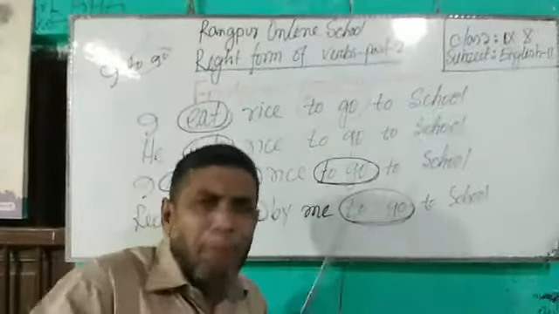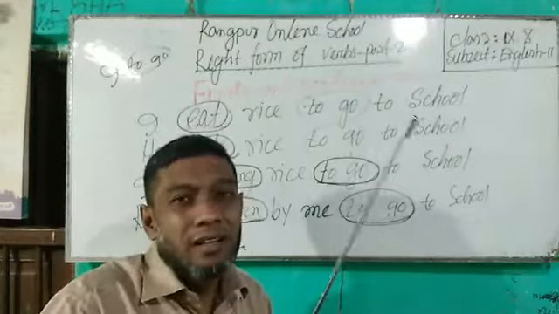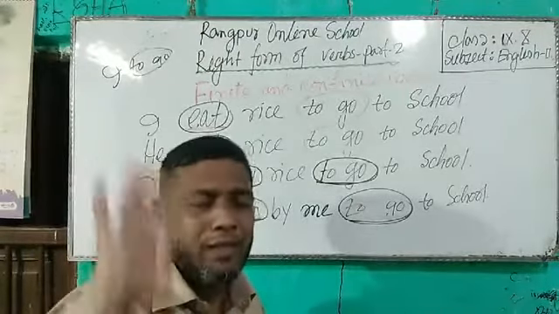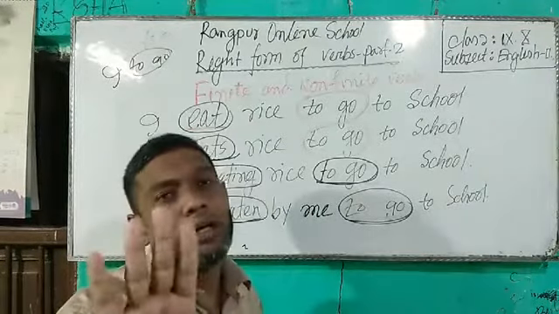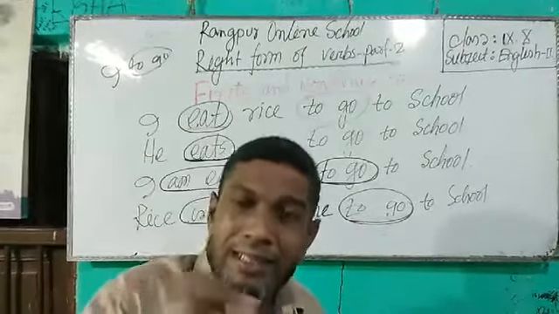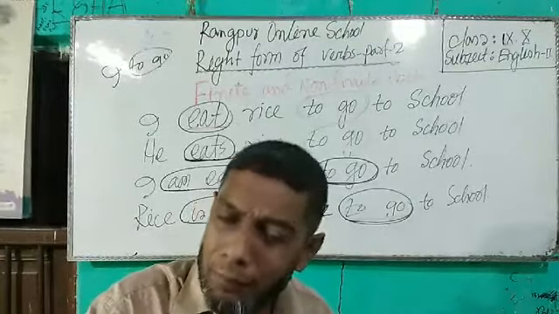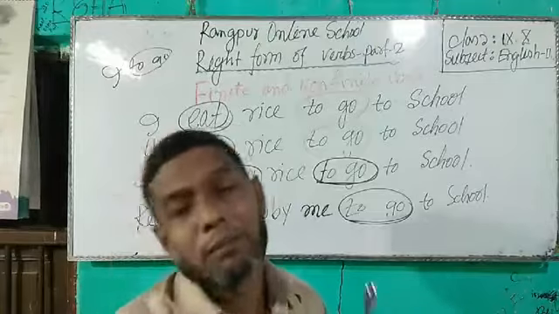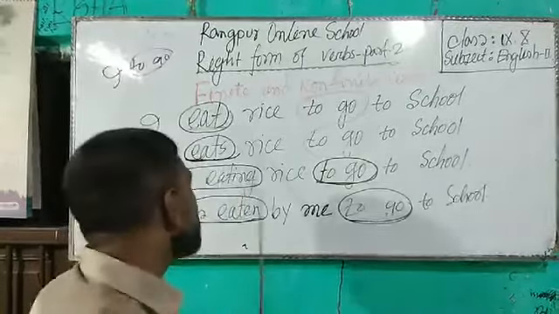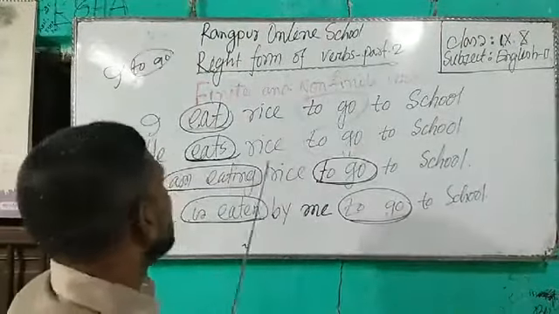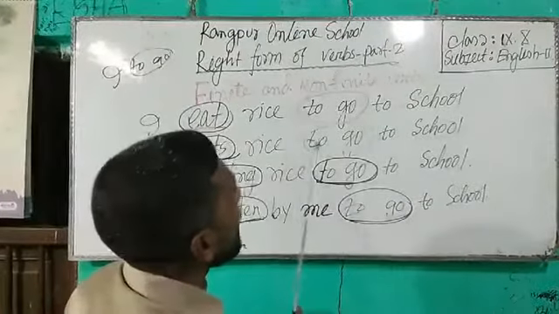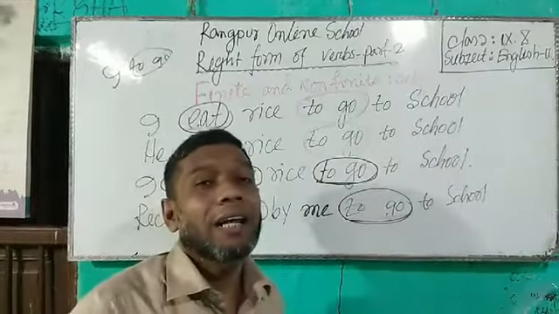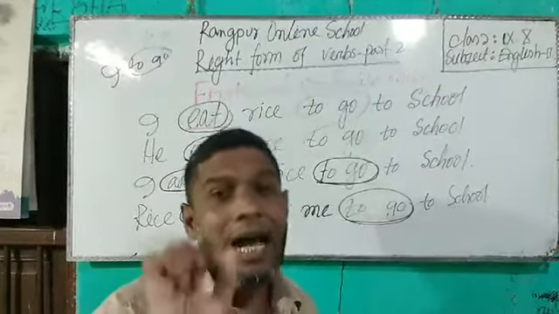If any verb changes with the changing of these four criteria, that is, subject, number, tense and voice, then I can understand, oh yes, it is a finite verb. Again, if I change these four criteria in a sentence, but the verb is unchanged, the verb has no change, then I can understand, oh yes, this is a non-finite verb.